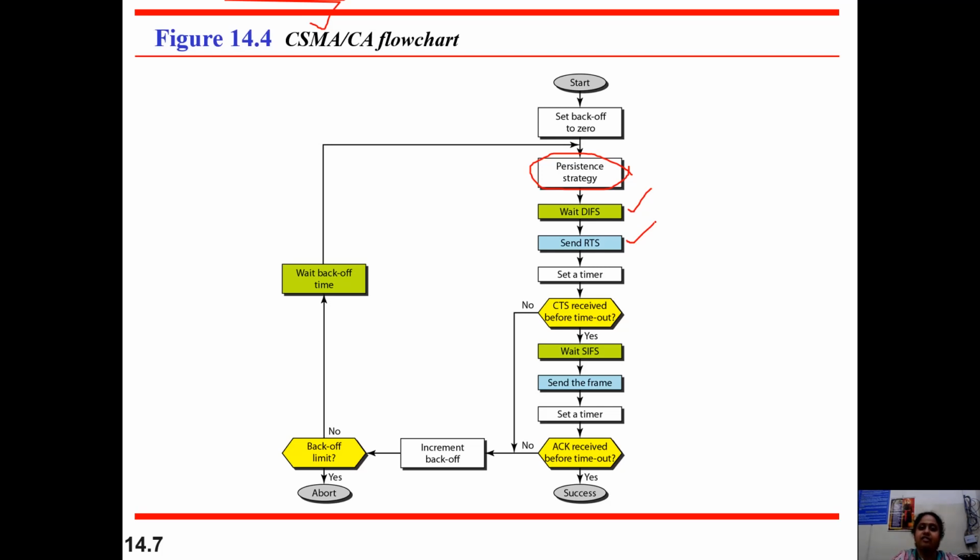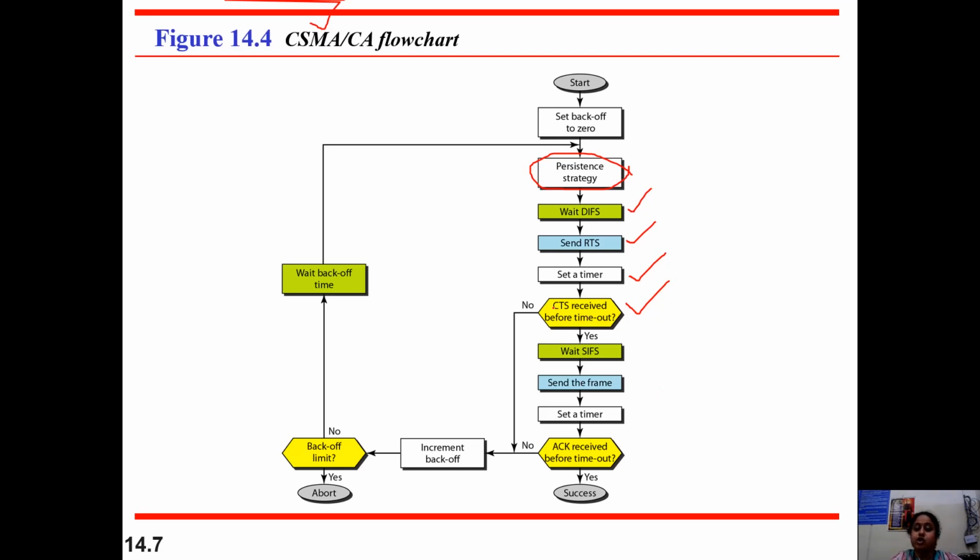In CSMA-CA, we exchange handshaking signals, which are nothing but RTS and CTS. RTS stands for request to send, which goes from source to destination. If the destination is ready to receive the data, it will send the signal clear to send, which is nothing but CTS. So when the station sends RTS, after that it will set a timer and wait for CTS to be received. If during that time CTS is received, then the station proceeds further, otherwise it stops.